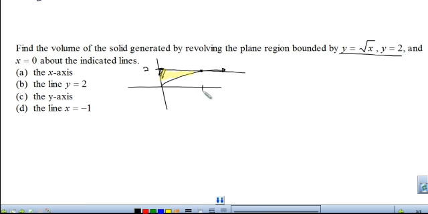And this point here would be 4, because when y is 2, x would be 4. So we're going to rotate it about the x-axis.